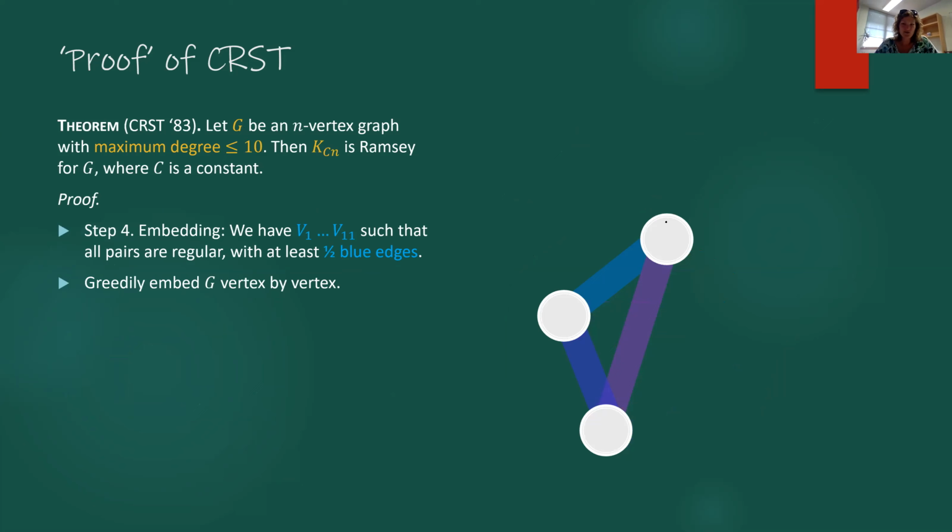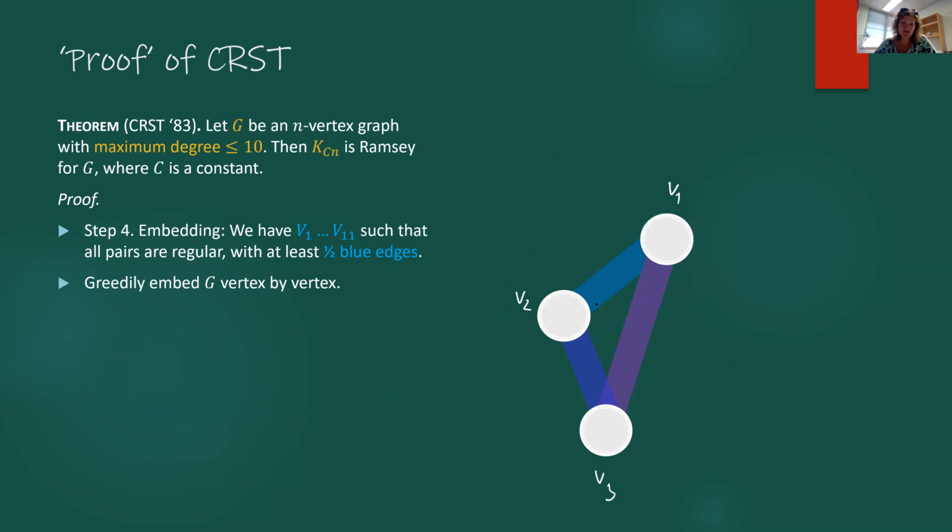So let me recap what we have again. We have our parts V1 up to V11, and of course my picture only has 3. And the property that we know is that all these pairs are regular in the blue graph, and they have at least half of the blue edges.